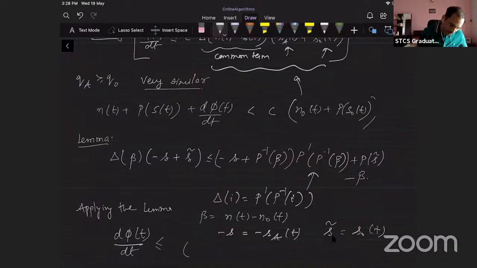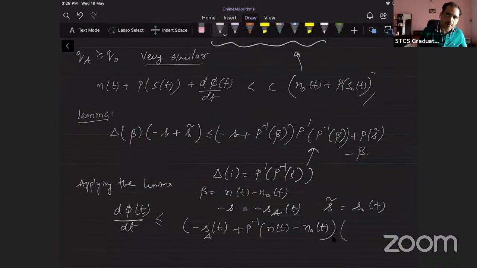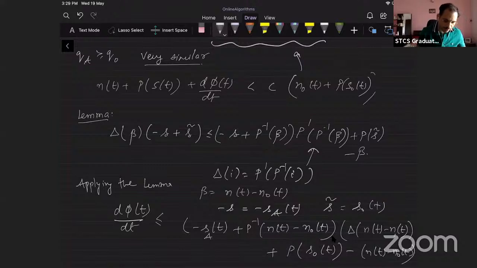What we end up getting is that minus s of t plus p inverse of beta, which is, let's just put the values there, n of t minus n0 of t times delta of n t minus n0 t plus p of s0 t minus n t minus n0 t. Everybody with me? I've just applied that lemma for beta equal to this and s equal to sa and s tilde equal to s0 of t.